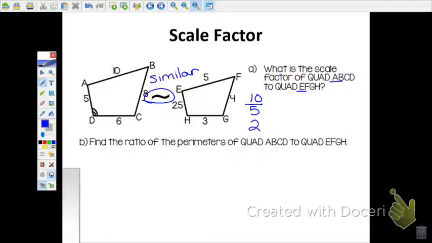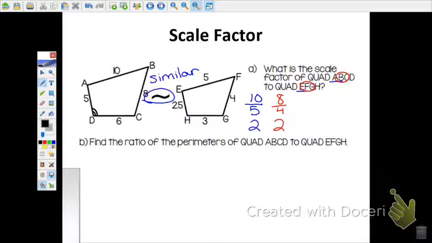If I were to take B and C, which is 8, that corresponds with F and G, which is 4. 8 over 4 simplifies to 2.